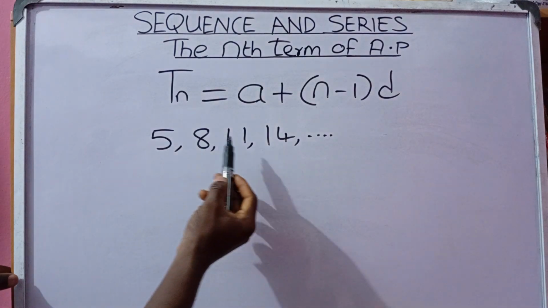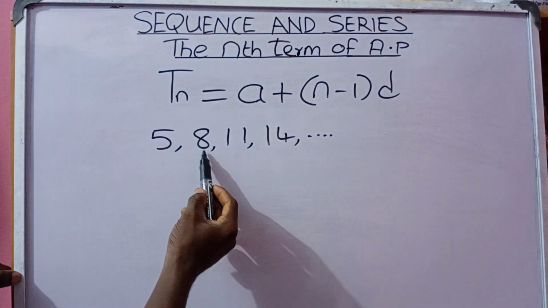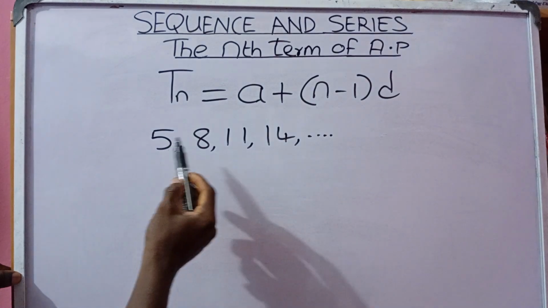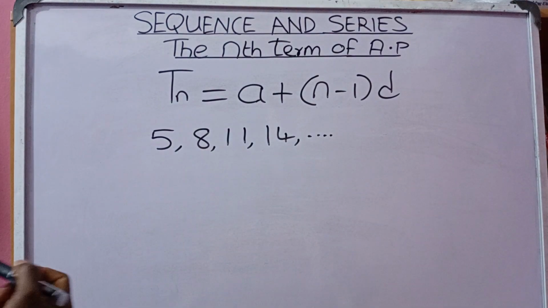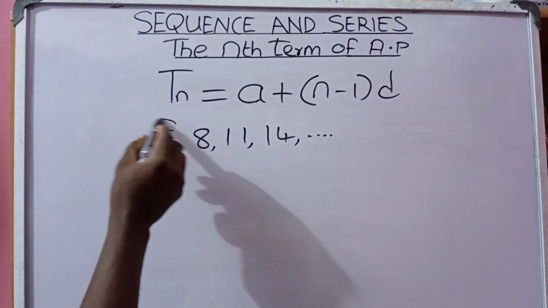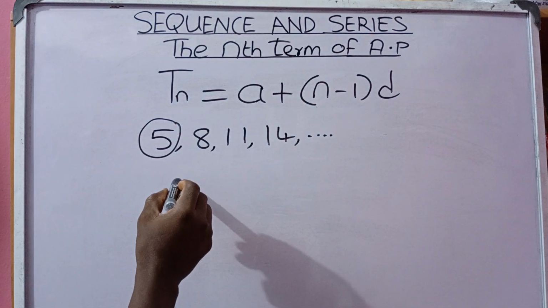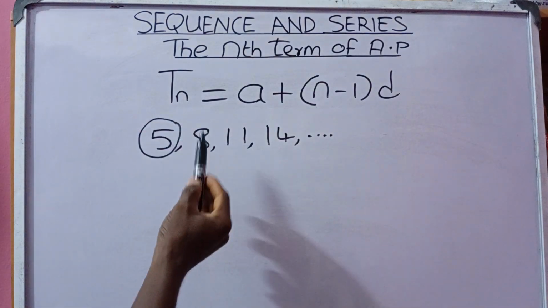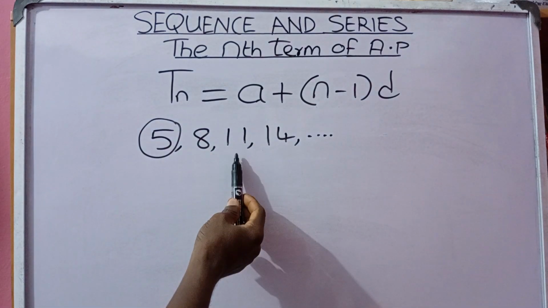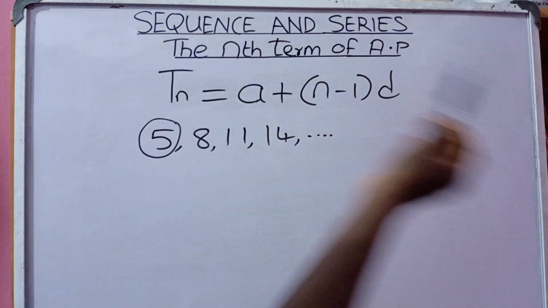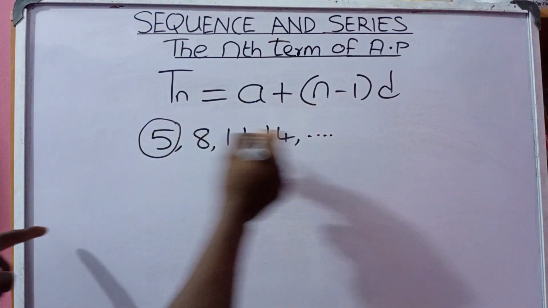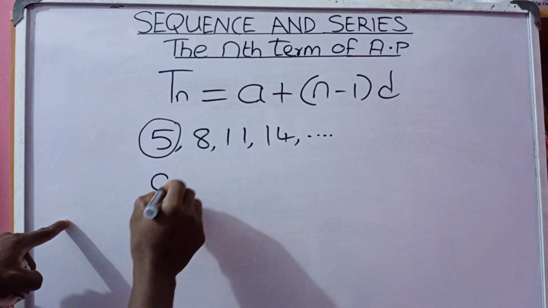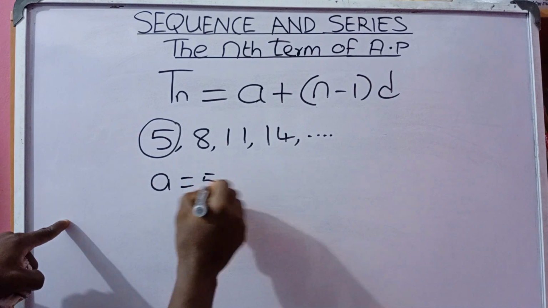Each number in a sequence is known as a term. Then the first number is known as the first term. This is the second term, the third term, the fourth term, and so on. So the first term of this particular example here is 5.